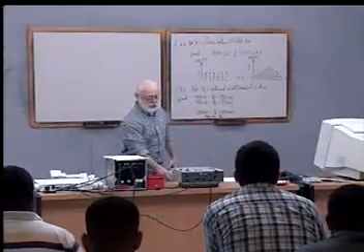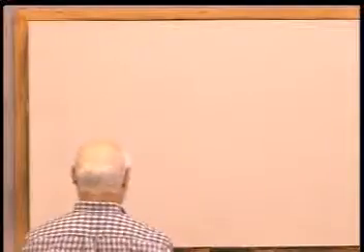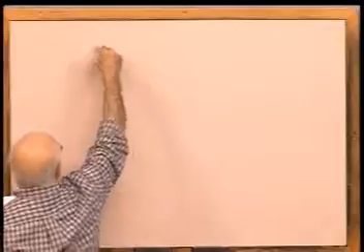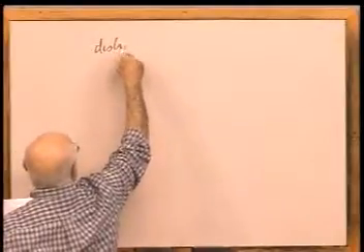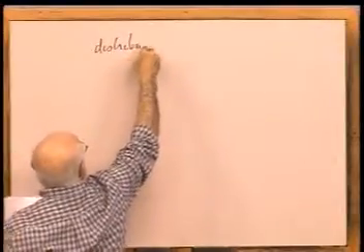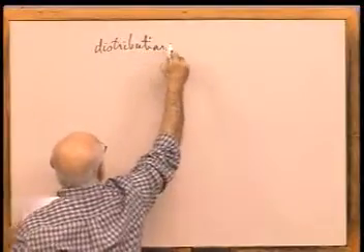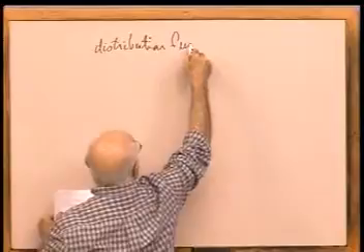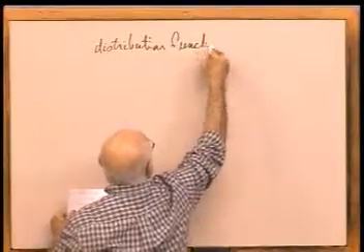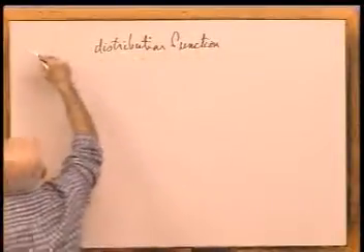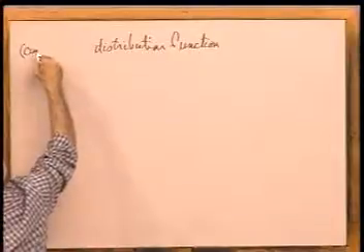Okay, so I want to talk about what's called the cumulative distribution function. Well, first let me write the distribution function. So it's distribution function. And sometimes it's called a cumulative distribution function.